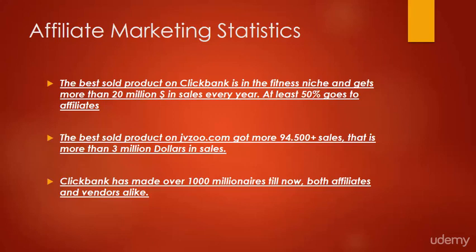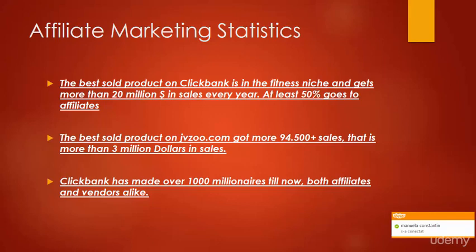The best sold product on ClickBank is in the fitness niche and gets more than $20 million in sales every year, and at least 50% of that goes to affiliate commission. This is like a course on fitness and how to get fit. This digital product sold more than $20 million, which is absolutely amazing, and at least 50% of that goes to the affiliates that sell it.